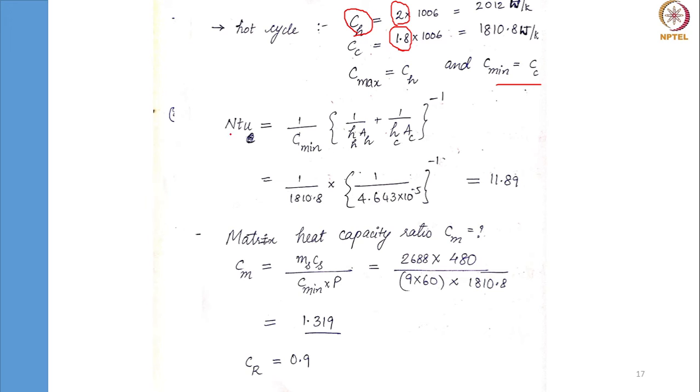Next, we are going to find the NTU. It is nothing but UA by m dot Cp min. UA is nothing but (1 by HAH plus 1 by HCAC) to the power minus 1. In the previous problem, we were lucky enough to find that HA on the hot side and HA on the cold side were equal, but in this problem it is not.